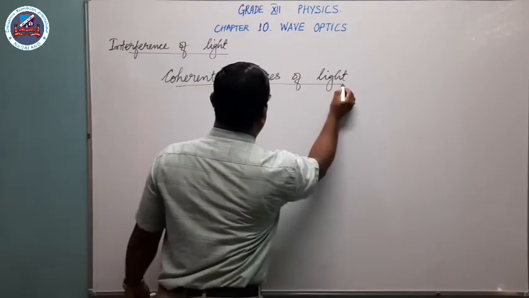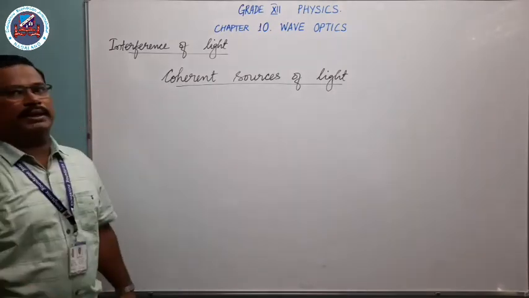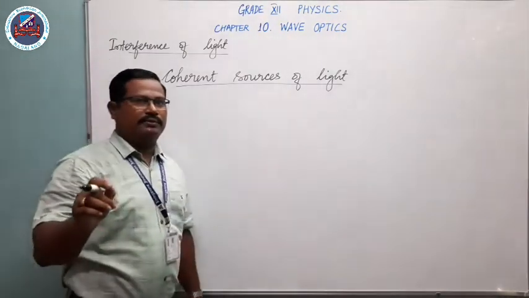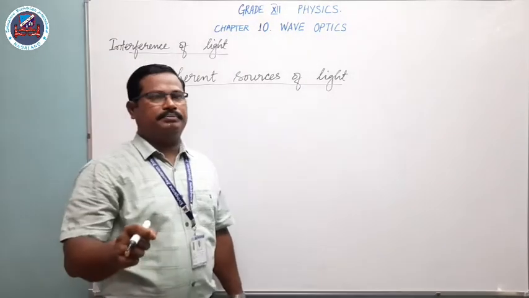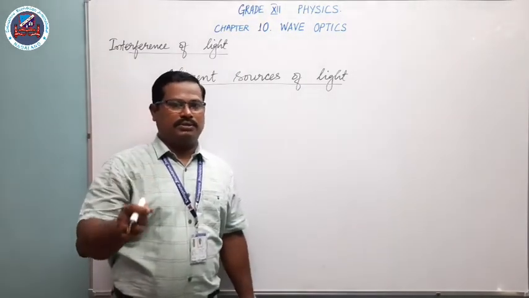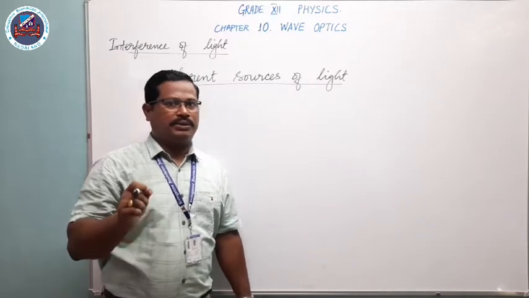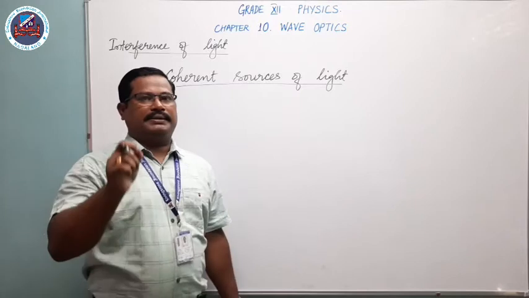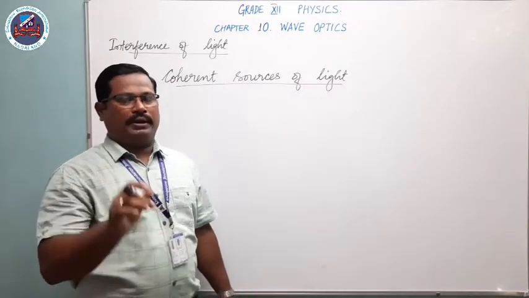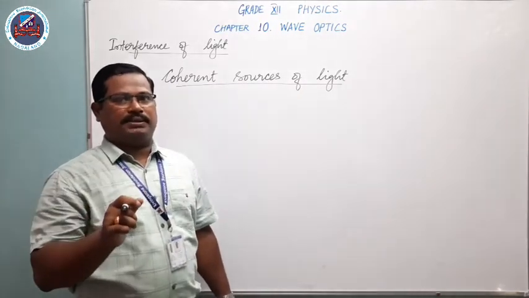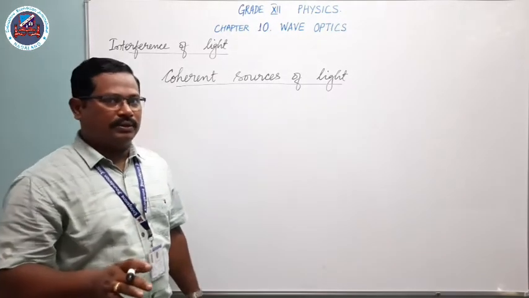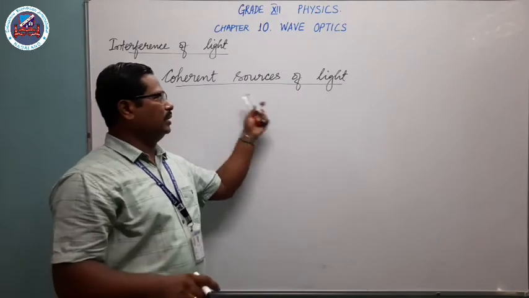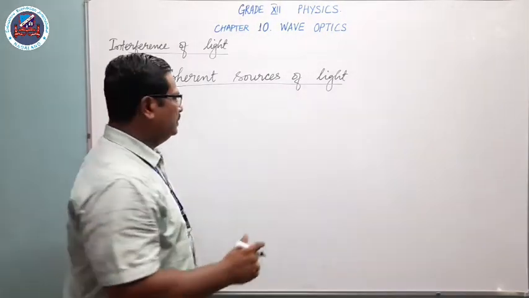When we say coherent sources of light, these are the sources of light which have same frequency, or coherent sources of waves also we can say, those waves which have the same frequency, same wavelength and same phase, or a constant difference of phase between the two waves. Then those sources of waves, we call it as coherent sources of waves or coherent sources of light.